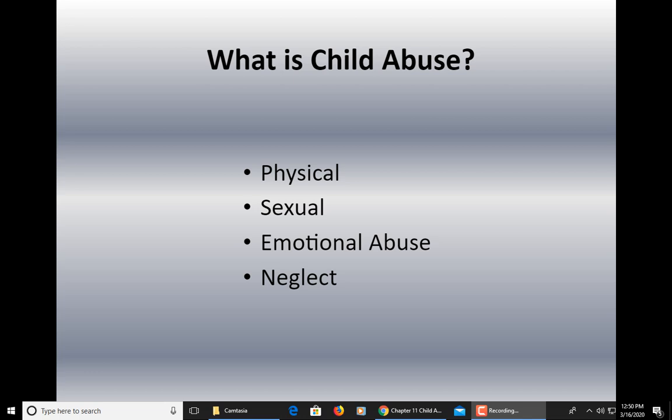This is considered the most common form of abuse, and the reason is because it interacts with all the other aspects of abuse. However, neglect is by far the most commonly reported. You're going to see a dramatic difference in the statistics between what is reported and what is considered the most common. We're going to go over each one.